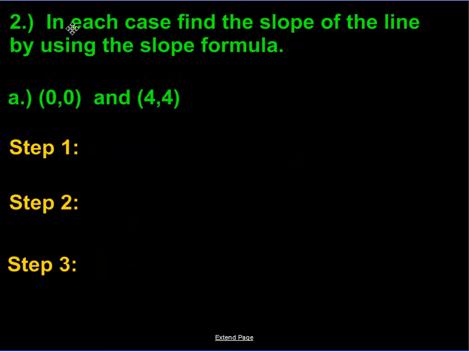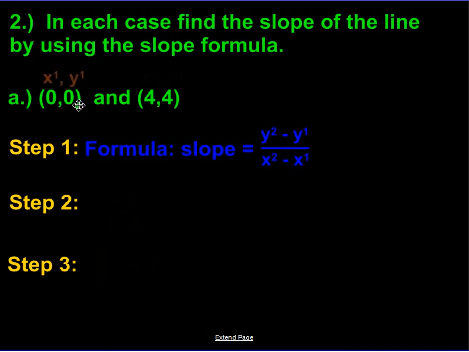In each case, for number 2A, we're going to find the slope of the line by using the slope formula. So let's review the slope formula. We have y2 minus y1 over x2 minus x1. So let's review quickly the coordinate pairs we have here. The first number in a coordinate pair is always x, the second number is always y.